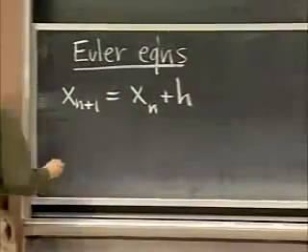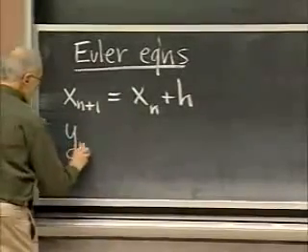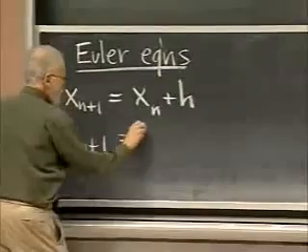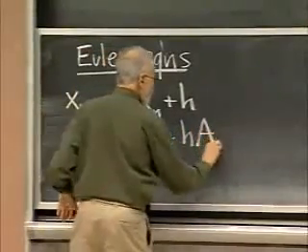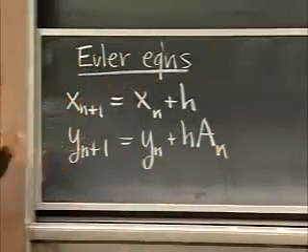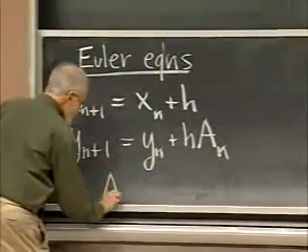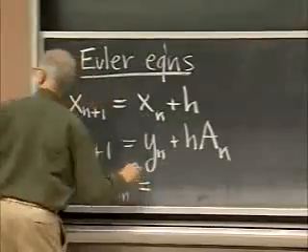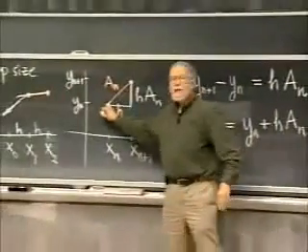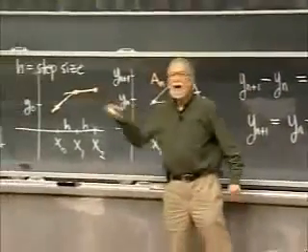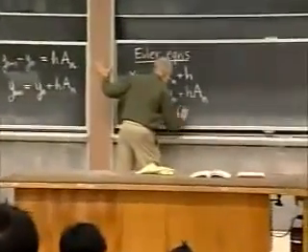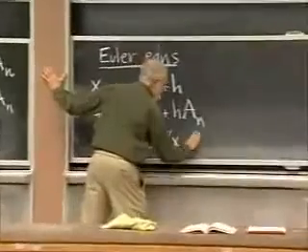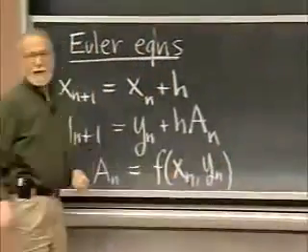The new y is the old y plus h times a certain number an. And finally, an is the slope of the line element here, and therefore, by definition, that's f of xn, yn. So it's these three equations which define Euler's method.